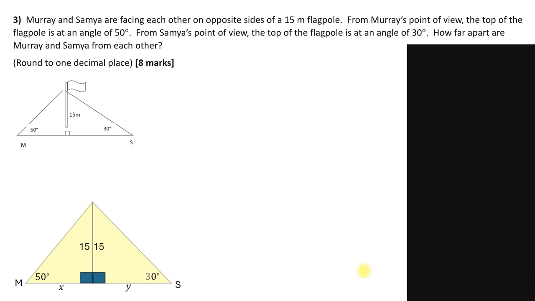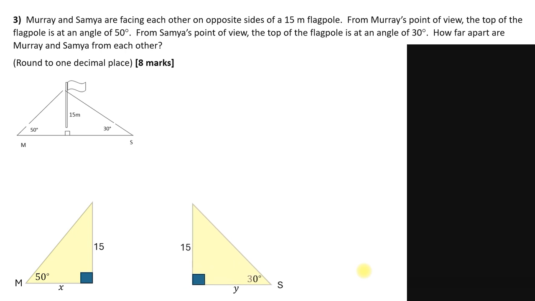So I've represented this situation with a bigger triangle at the bottom there. 50-degree angle from Murray, 30-degree angle from Samia. I find it easier, though, to think of it as 2 different triangles.